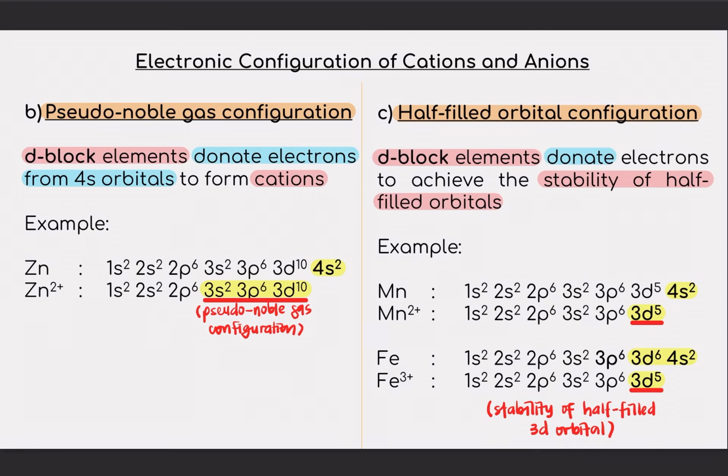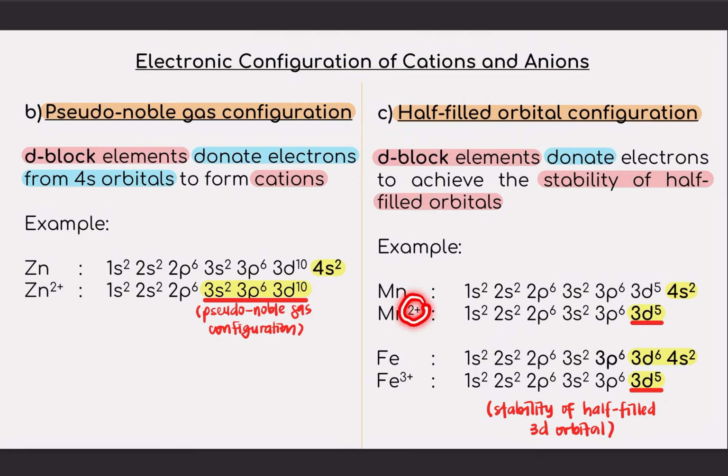For example, manganese and iron. If you look at their electronic configuration, they have electrons in the 4s orbital. In order to achieve the half-filled orbital configuration, that stability, they will lose electrons.